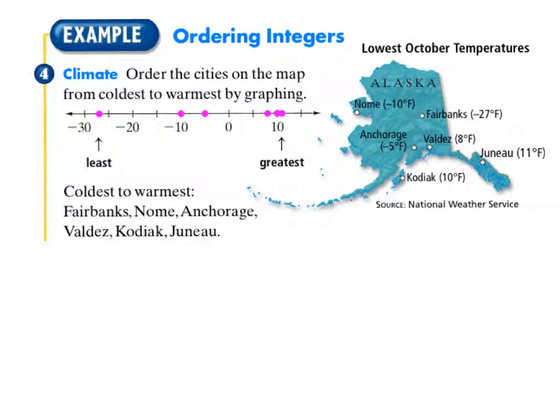Now let's look at an example of ordering integers. So we want to order the cities on the map from coldest to warmest by graphing them on a number line. So coldest to warmest, they are Fairbanks, Nome, Anchorage, Valdez, Kodiak, and Juneau. So Fairbanks is negative 27.